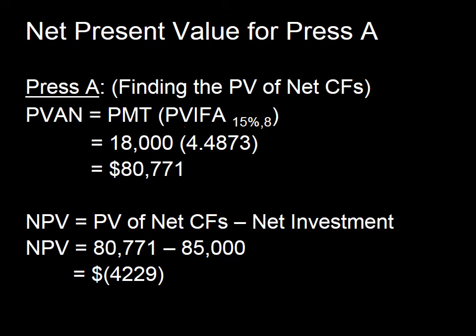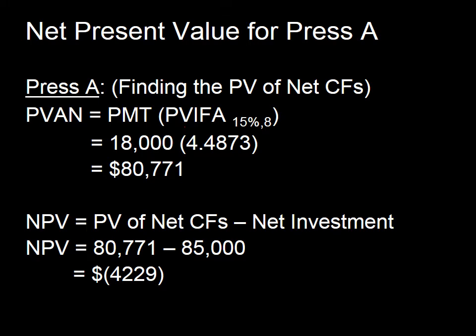We would like to avoid this investment if we can. Sometimes we have to take on negative net present value investments, but if we can avoid it, we want to, because basically this is saying that if we take on this project, our firm will lose $4,229 in value.